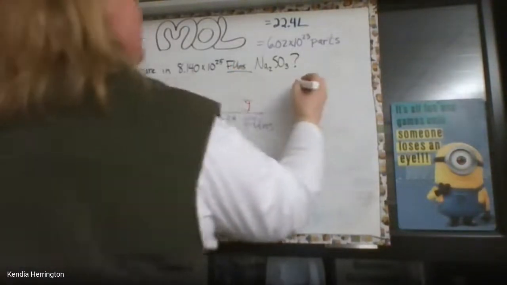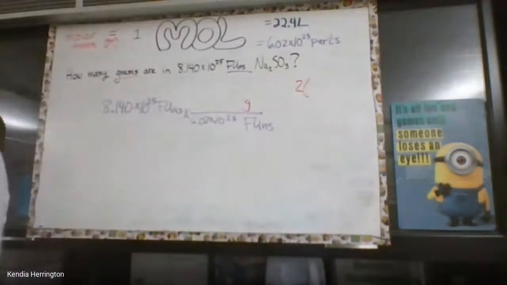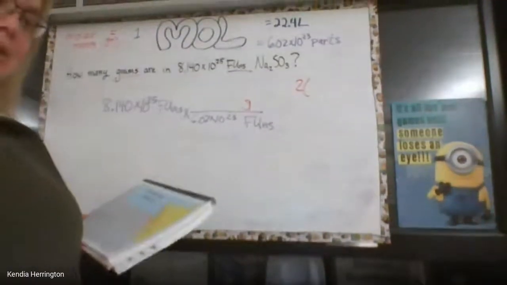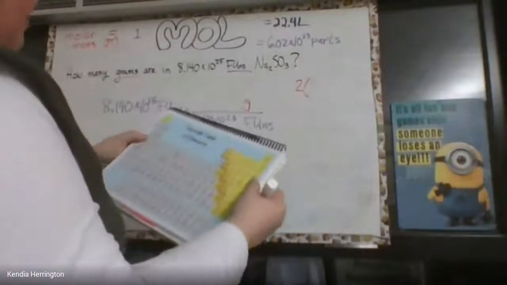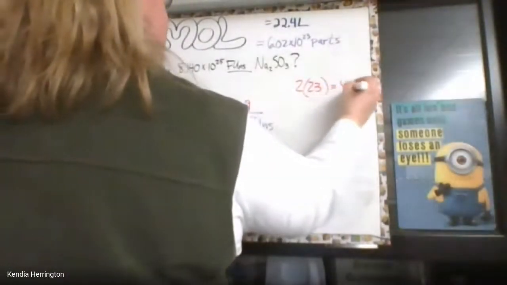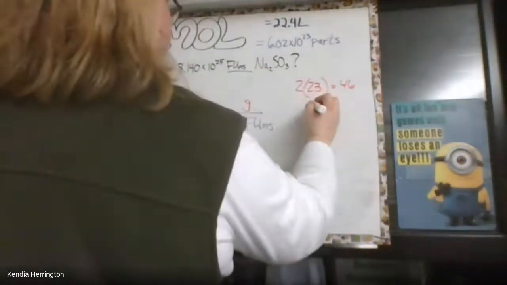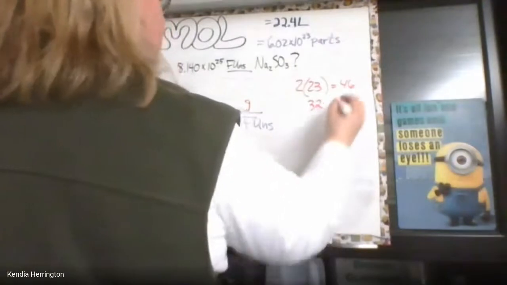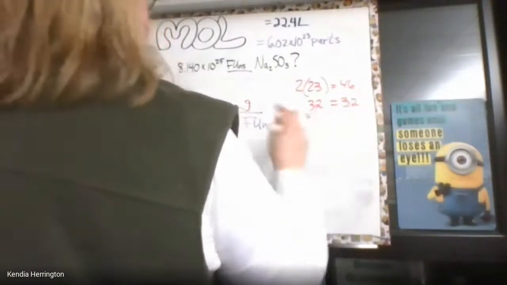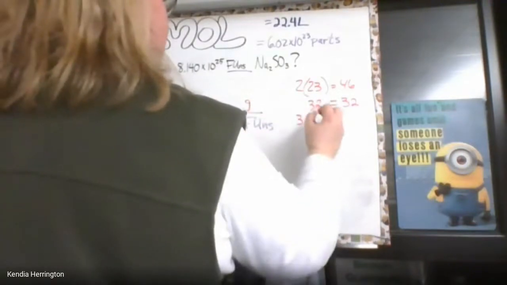Now, let's see. Sodium, let's use that beautiful periodic table. Every sodium is 23 grams. Let's see, that's 46. And I have sulfur. Sulfur is 32. I only got 1 of them. And I've got 3 oxygens, which is 16.